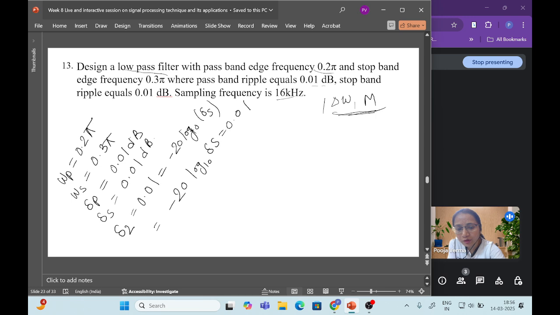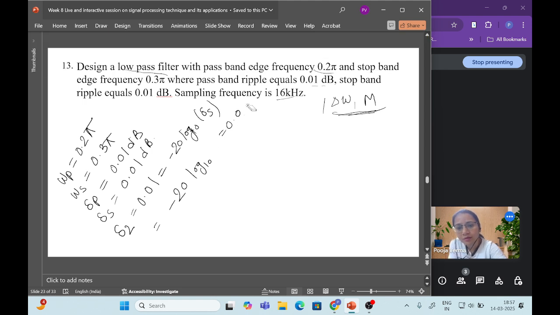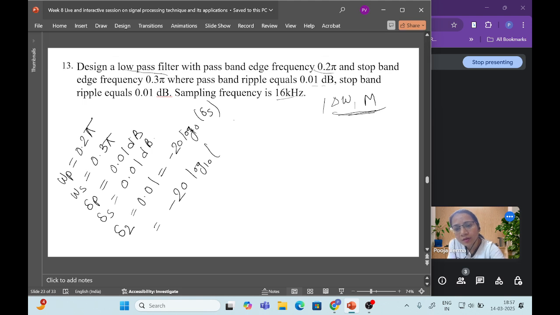If we put del s as 0.01, you will get 20 log 10. We can write it as 10 to the power minus 2, right? So if you solve it further, you will get 40 dB, that is del 2.